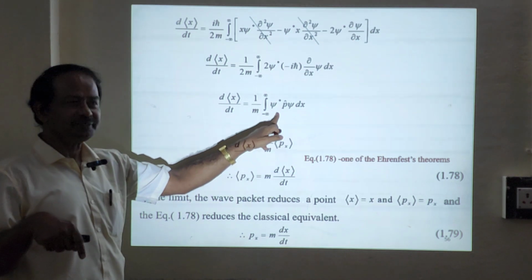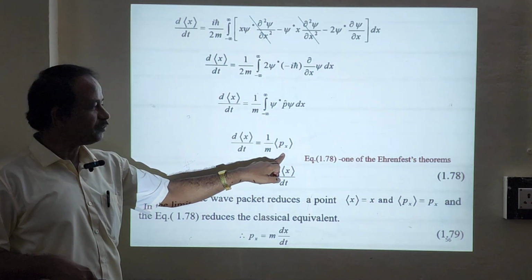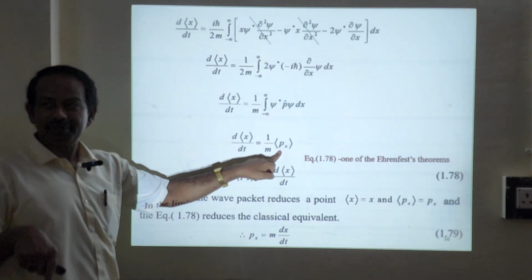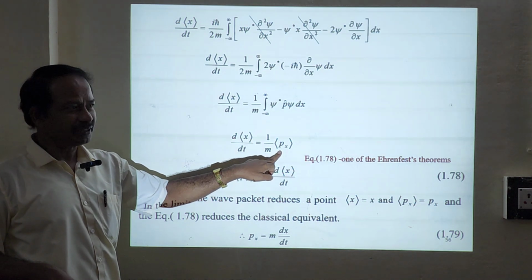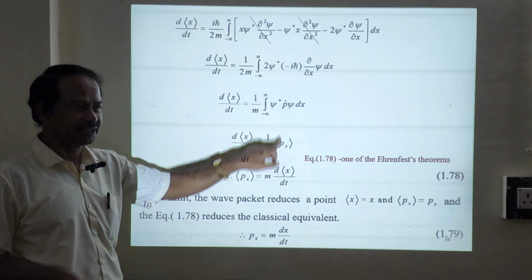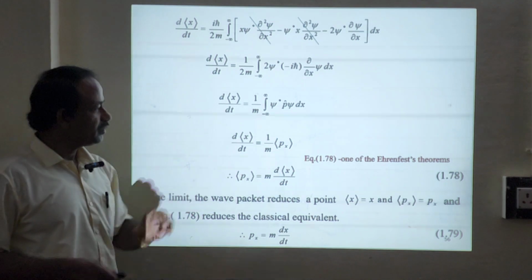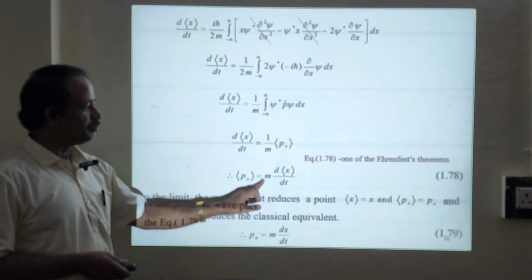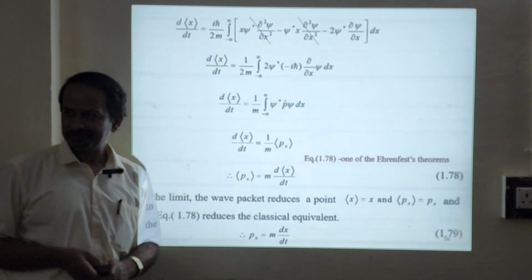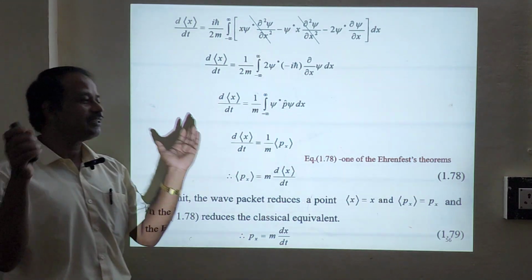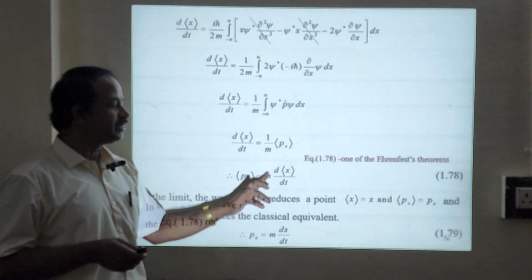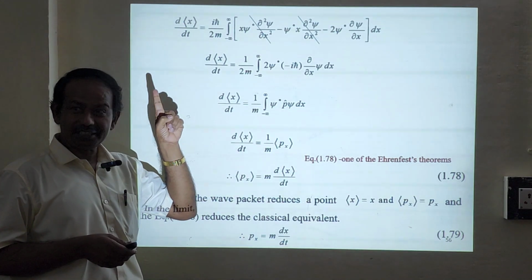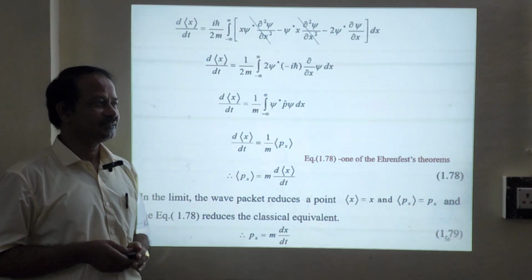This term is nothing but the expectation value of the component of the momentum. Can you remember? The expectation value of the component of the momentum. So 1/m multiplied by the expectation of px. So your px will be m dx/dt. Okay. Generally we can say that p equals m dr/dt. So that was the first equation we wrote earlier.